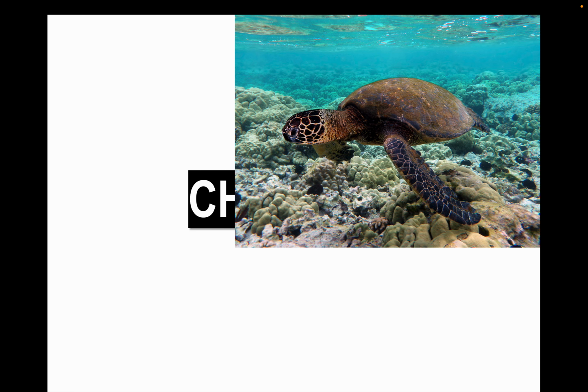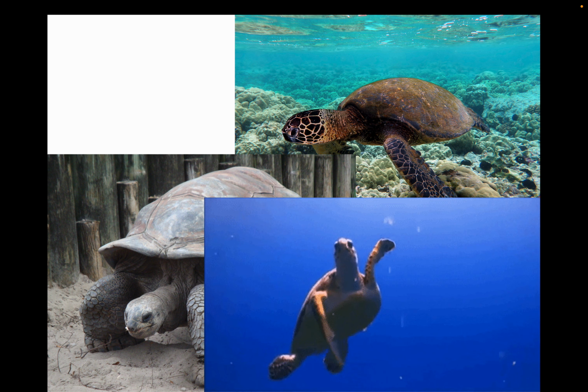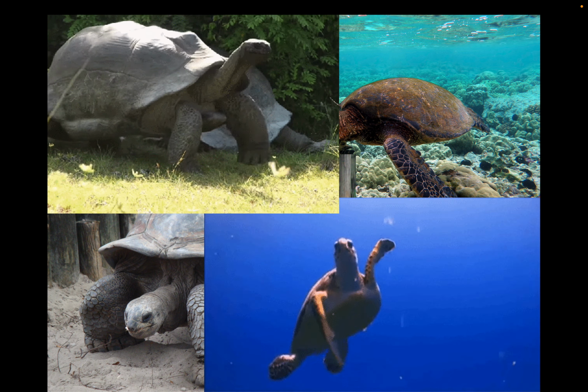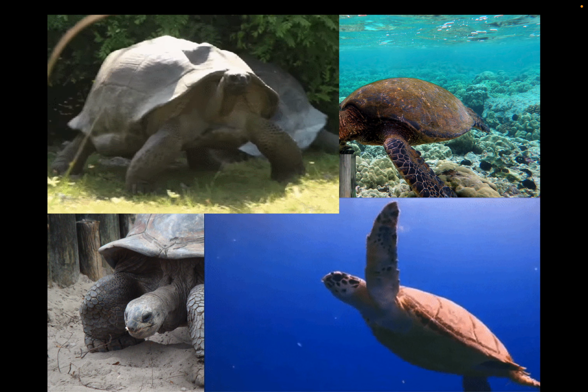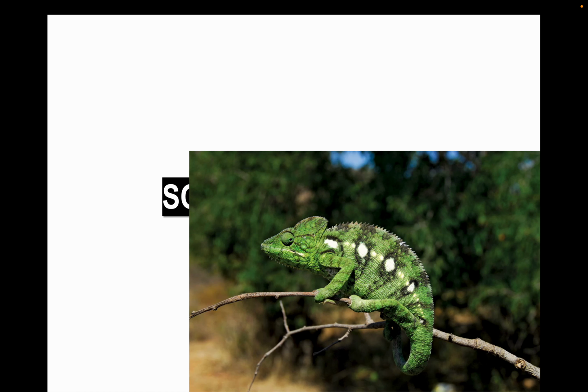Now let's have specific groups under Reptilia. We have chelonians, the turtles, that are able to survive in both aquatic, marine, and terrestrial environments. Here you can see a tortoise and a turtle. Then we also have another group, the Squamata, the sauria.